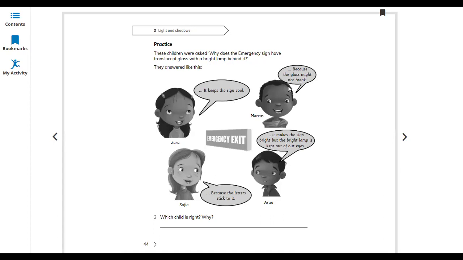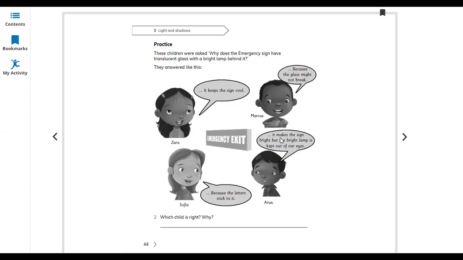Sophia is saying because the letters stick to it. And what about Arun? Arun said no, it makes the sign bright. So behind the emergency sign there is a bright lamp.